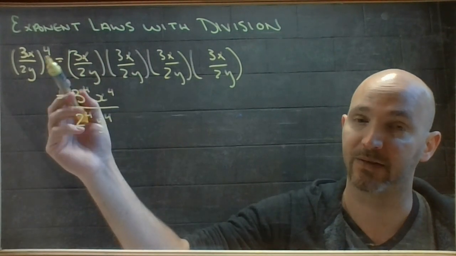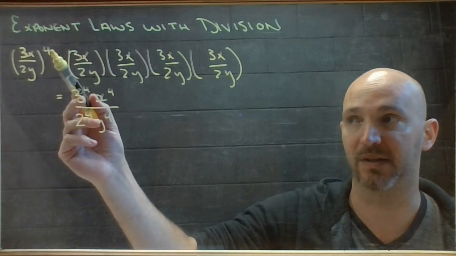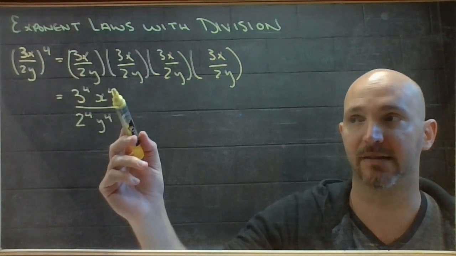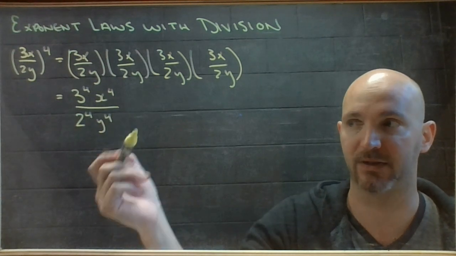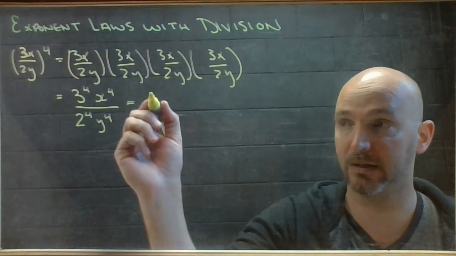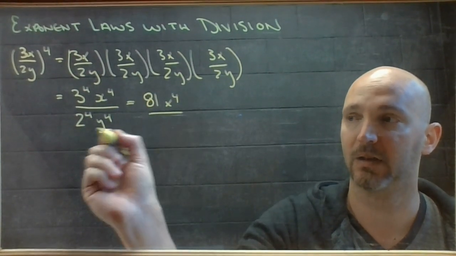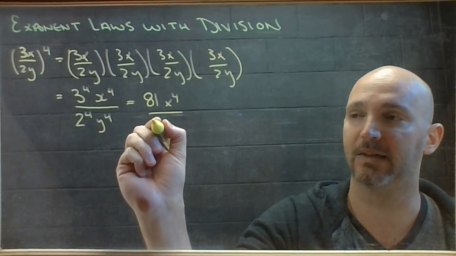So net, everything that was in this bracket with the exponent 4 on it has the exponent 4 attached to it. 3 to the power 4 is 81. And 2 to the power 4 is 16.